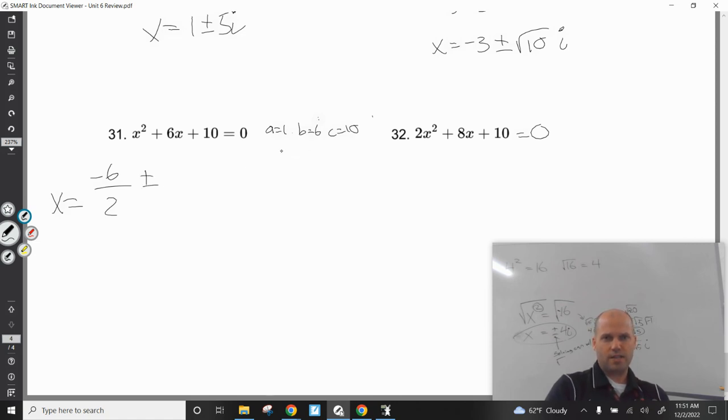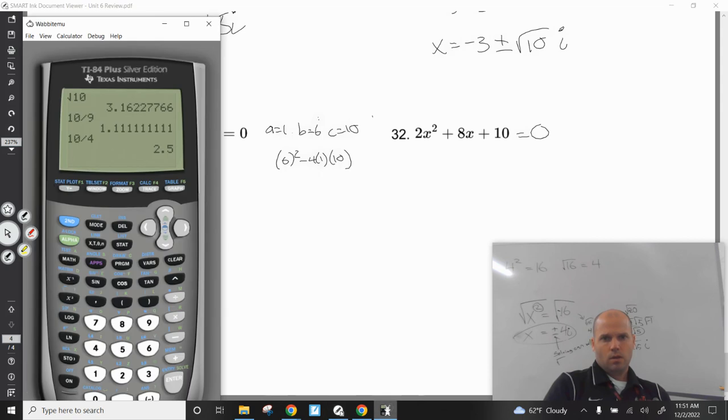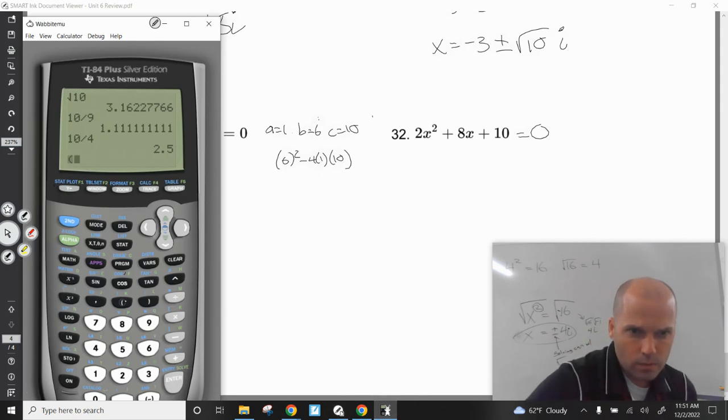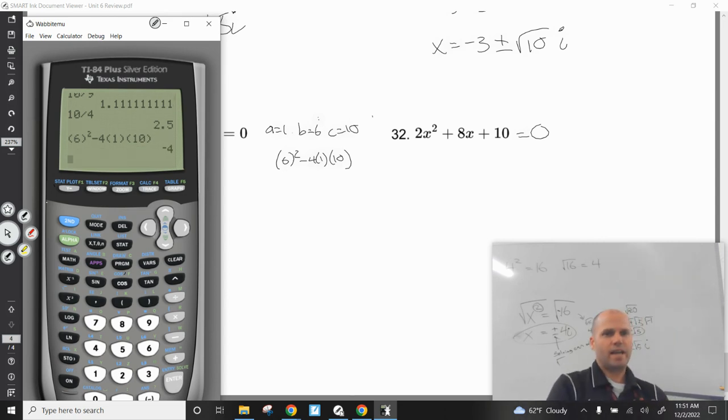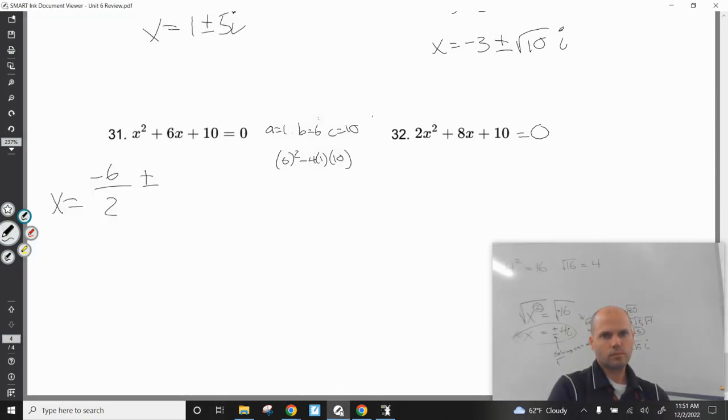Let's work on the inside. B squared minus 4AC. 6 squared minus 4 times 1 times 10 is negative 4. Negative 4 is what's under the square root in the quadratic formula.